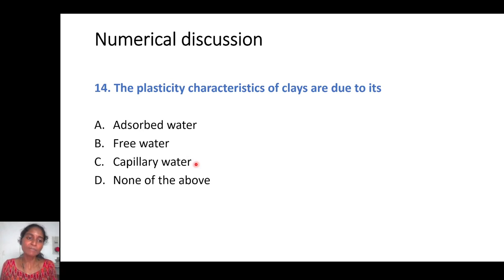When I say capillary water, if I mix a particular amount of moisture content to any soil, this water actually is not adsorbed, it is not freely available. It exists only because in between soil particles, a thin tube-like void is there, because of which in the atmosphere there is a pressure, below the soil there is a pressure. Because of the atmospheric pressure difference, water always wants to come to the top.